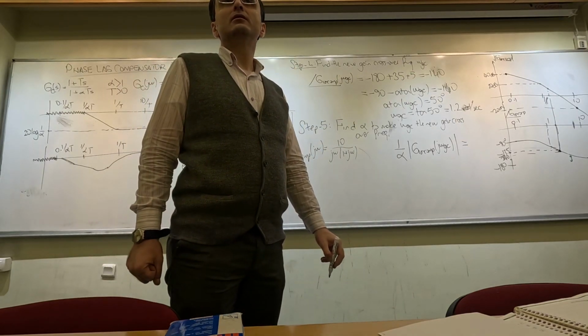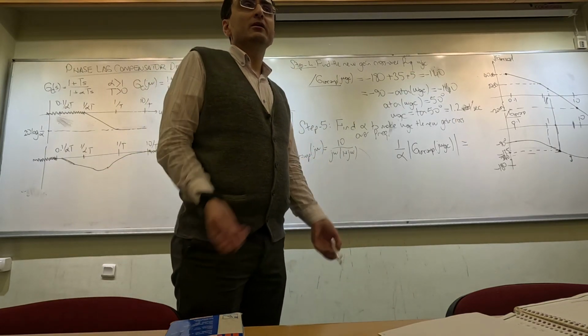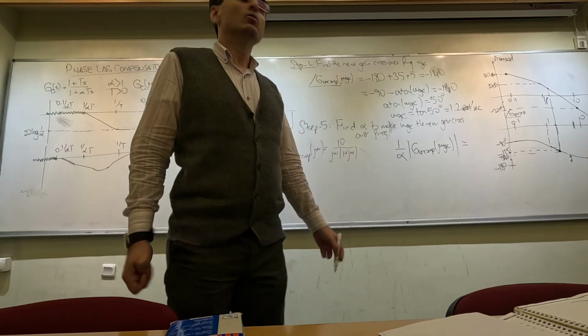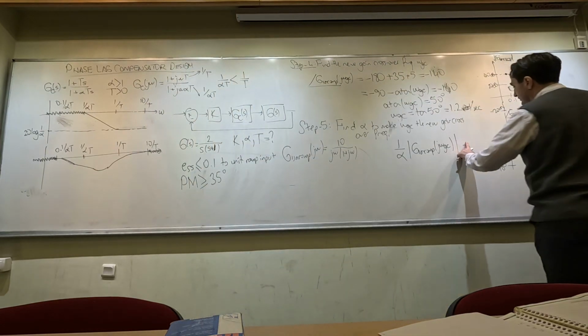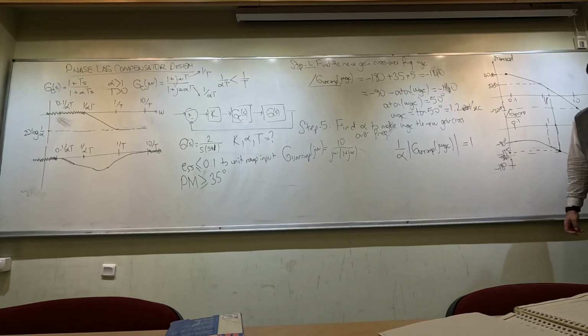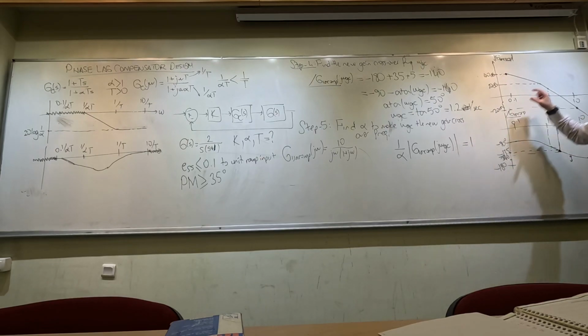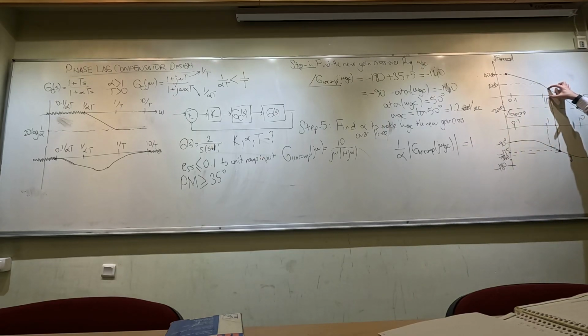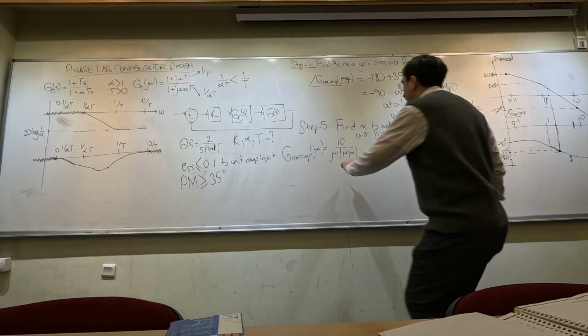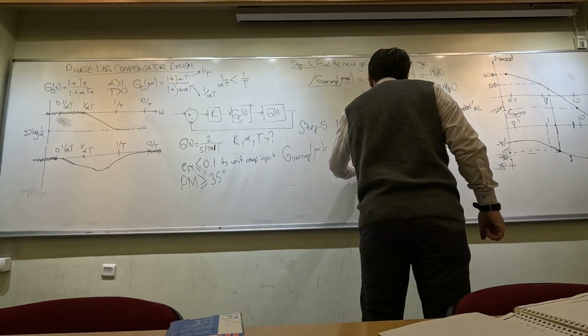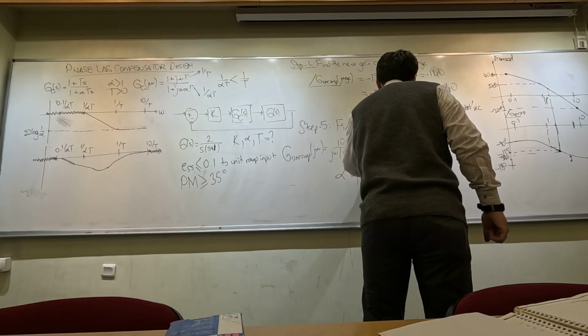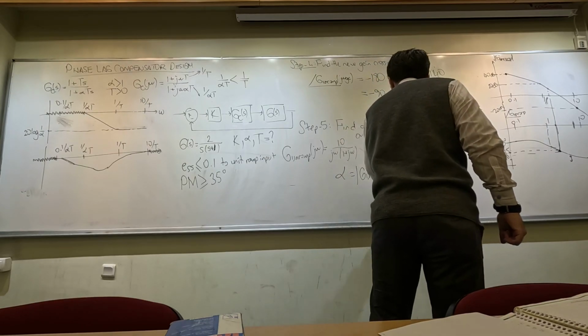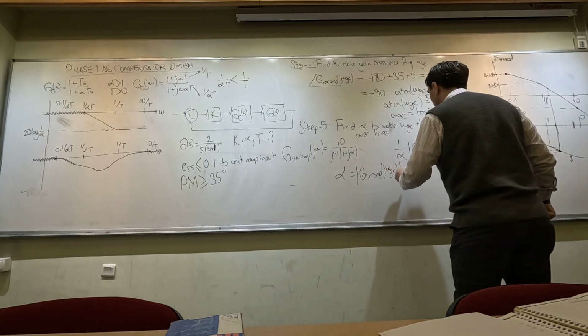0 dB, so in linear scale, 1. So this result should be 1, and this tells you what alpha should be. Alpha is going to be the magnitude of the system here in linear scale. So alpha is equal to the magnitude of G uncompensated of j omega GC at omega GC.